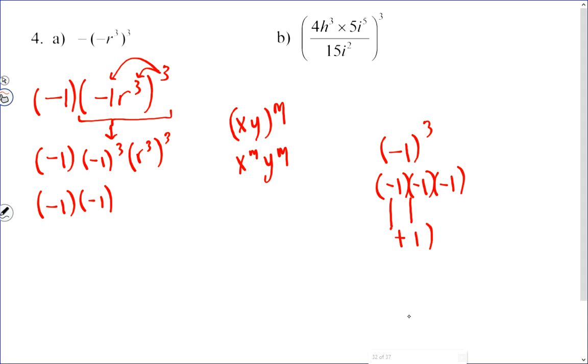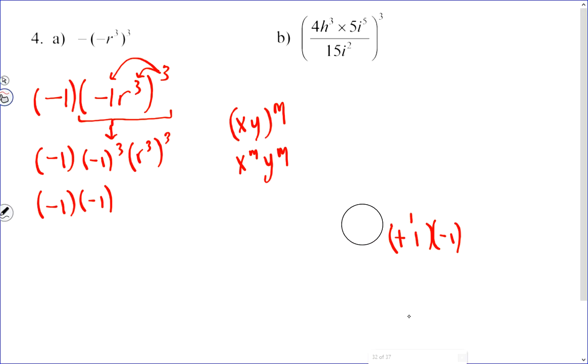And then we're multiplying that by an additional negative 1 here. We get negative 1. And then we have r to the 9. Well, this negative 1 times negative 1 is just 1, r to the 9. Well, we don't need to write 1. r to the 9 is 1 times r to the 9. And this is our answer.